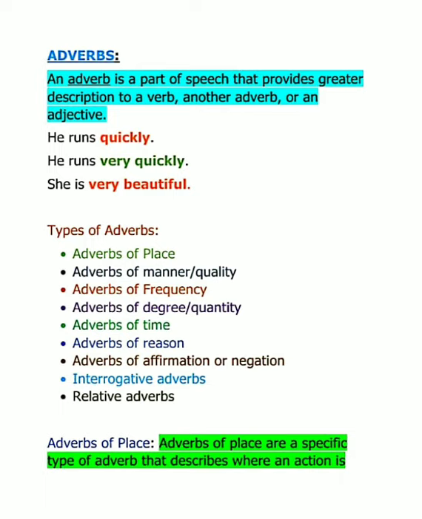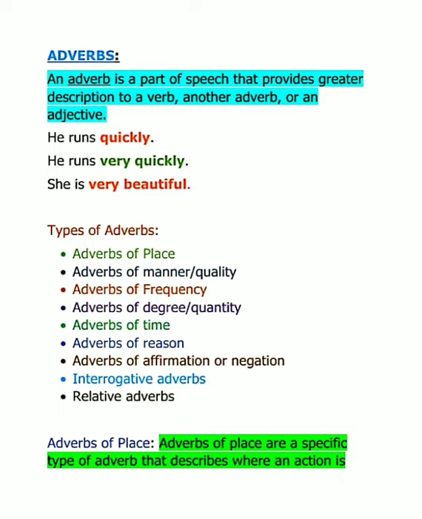Okay, so how many types of adverbs are there? So in your syllabus there are 9 kinds or 9 types of adverbs. Adverbs of place, adverbs of manner or quality, adverbs of frequency, adverbs of degree or quantity, adverbs of time, adverbs of reason, adverbs of affirmation or negation, interrogative adverbs, and relative adverbs.